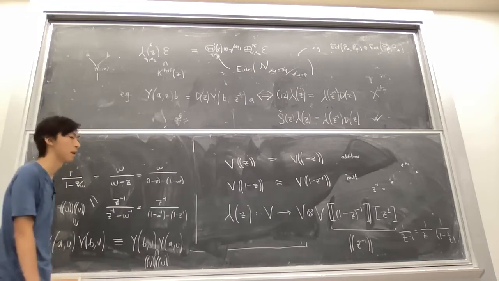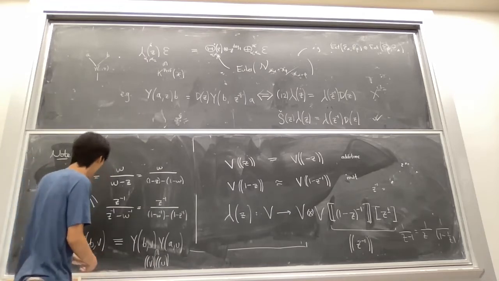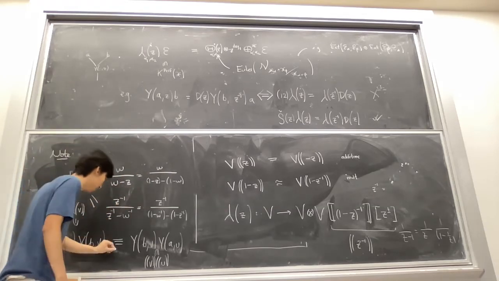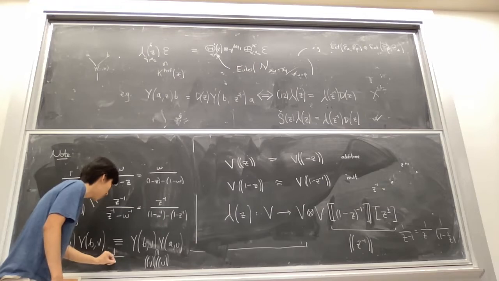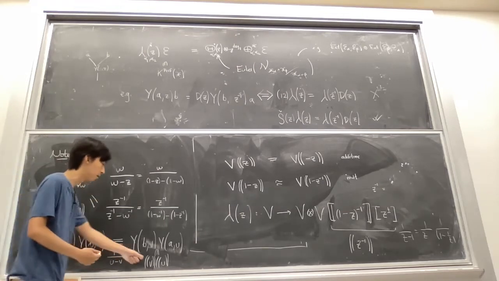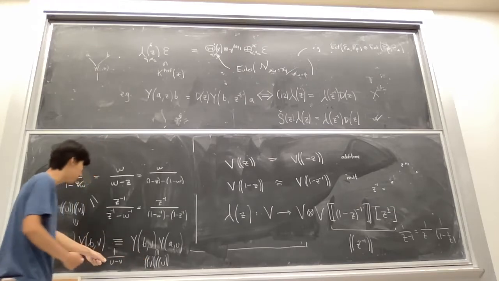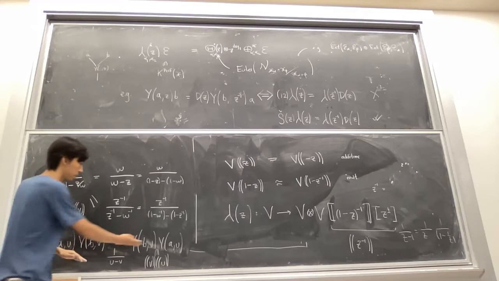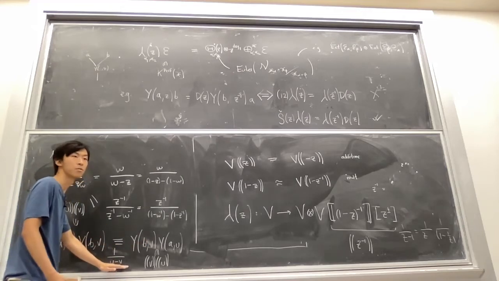Since here I'm saying something about expansions, I want to phrase it in that language too. So you imagine you have some rational function, 1 over u minus v. It has some expansion that lands in here, and also some other series expansion that lands in here. And this equality says this is equal to this if it actually comes from some rational function.